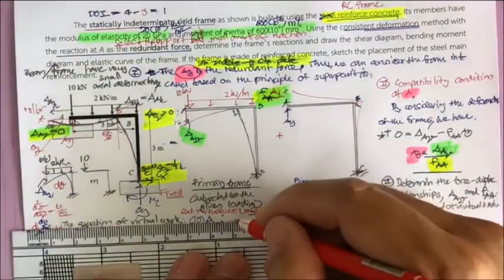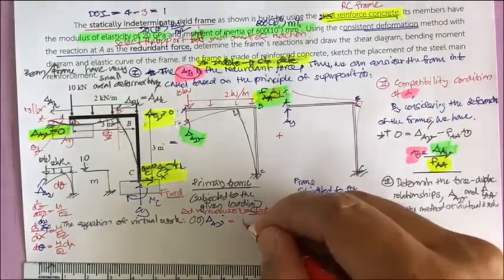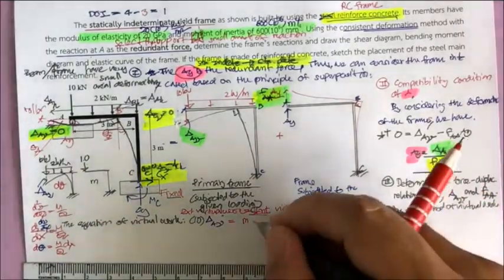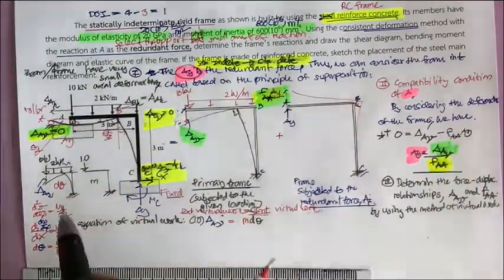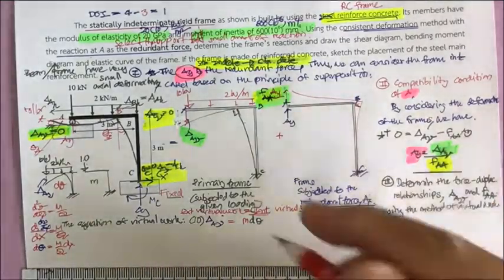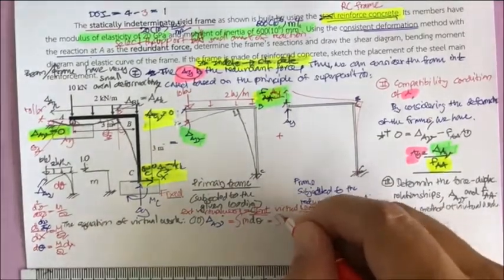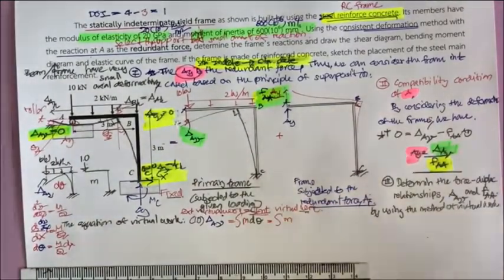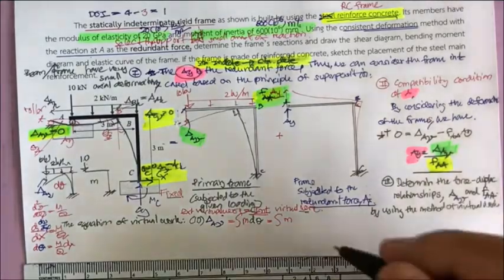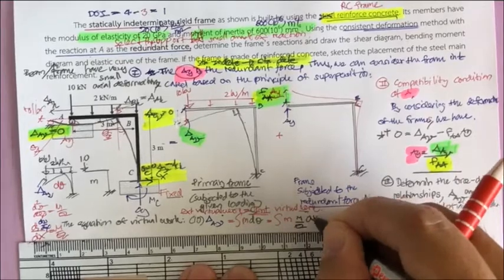If you put this in, it is going to equal m times d theta, which is the internal virtual work, and you do the integration. Since d theta is here, it is going to be the integration of m times M over EI dx.